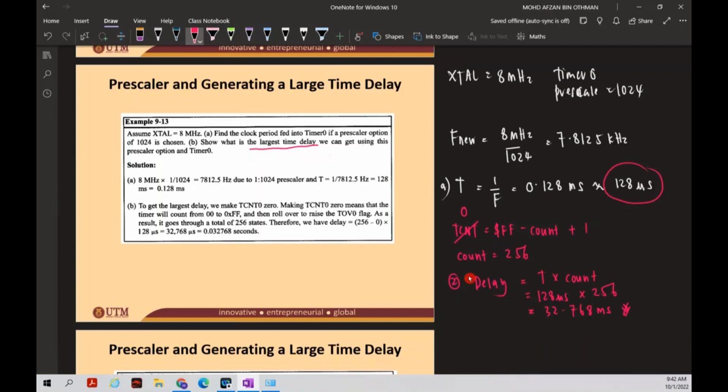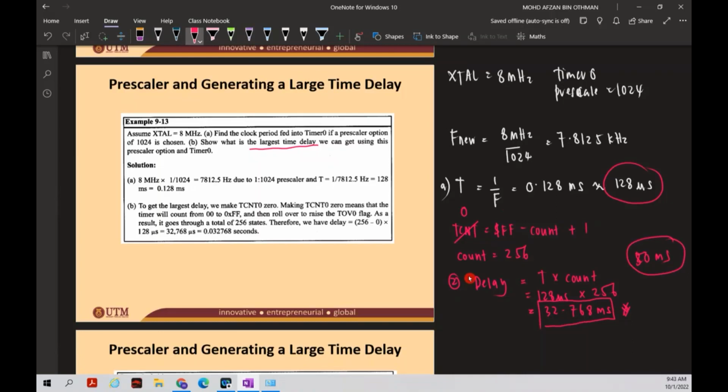For example, if you're going to generate a delay of 50 millisecond, can you do it by using timer 0? Cannot. You cannot generate 50 millisecond by using timer 0 because the maximum that you can generate is up to 32.76 millisecond only.